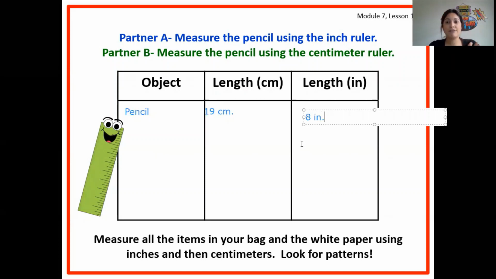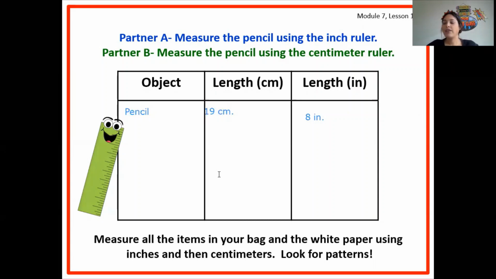Because remember, if it's half, you go to the next number. 7.5, 8. Okay, now I want you to measure, I know you don't have items in a bag, but I want you to go and look for different objects, whichever one you want. I want you to have fun and measure different objects, okay? So I want you to pause the video, go measure objects, write them down, and come back.